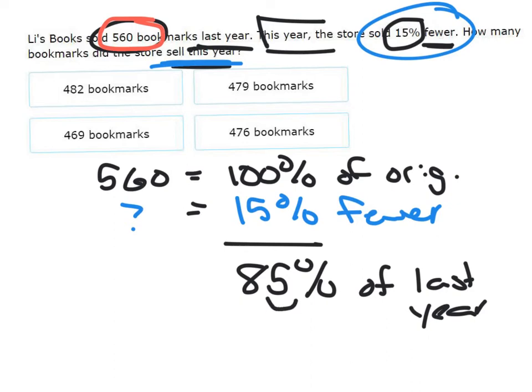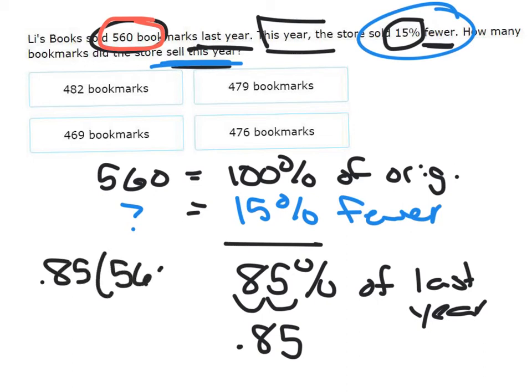So that moves 2 places. All percents are out of 100. So 85 divided by 100 is going to be my decimal 85 or 85 hundredths. I take that value and I multiply my 85 hundredths times the original amount because that's what I have.